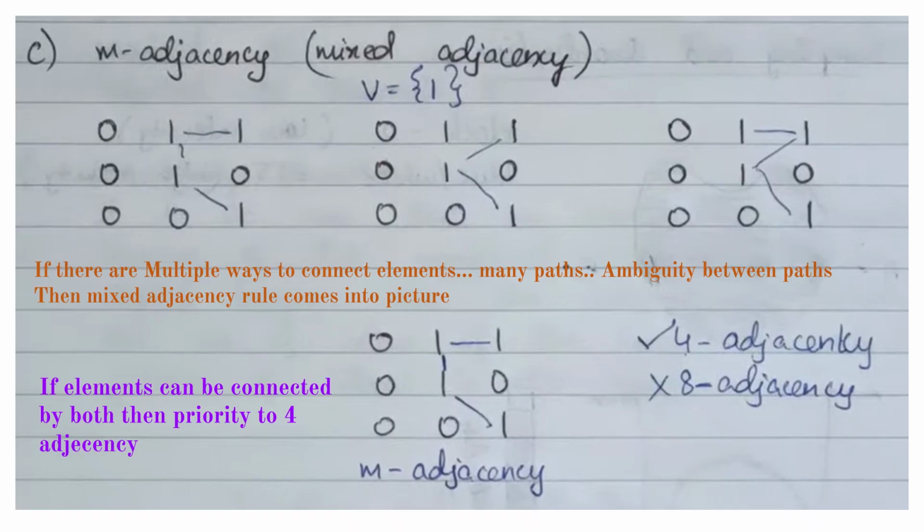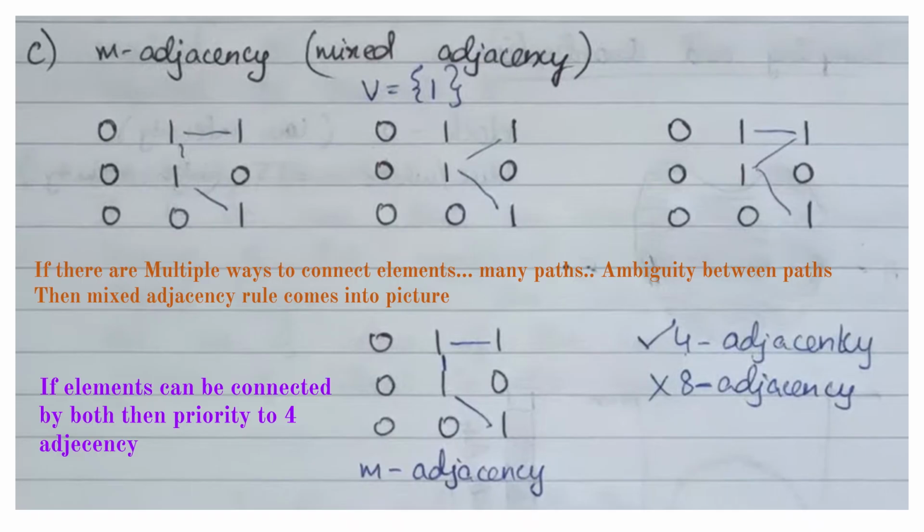For example, for the given pixel representation of 0 1 1, 0 1 0, 0 0 1, here this one can be connected with this one with 4 adjacency. Then this one can also be connected with this one with 8 adjacency, because this is a diagonal. So first give priority to 4 adjacency.